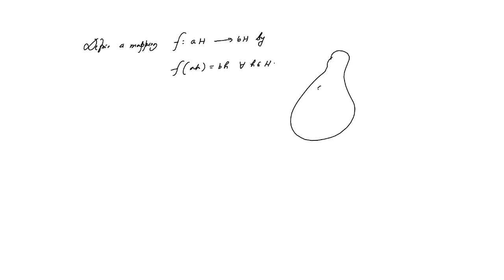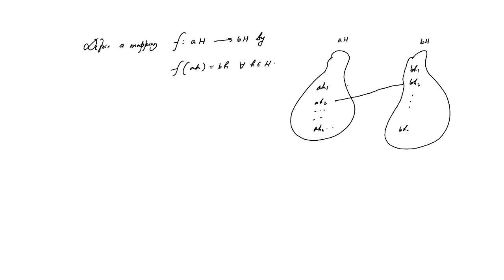So this is our left coset ah1, ah2, maybe ahn like this. So this is aH, and this is bH. That means bh1, bh2, bhn. In that way, we just define the map.